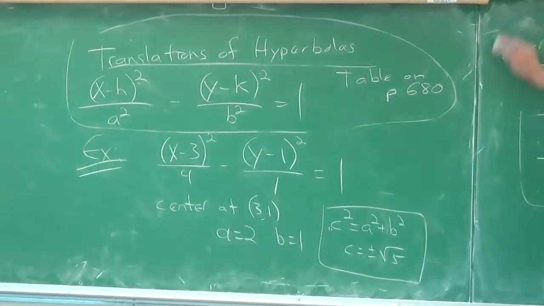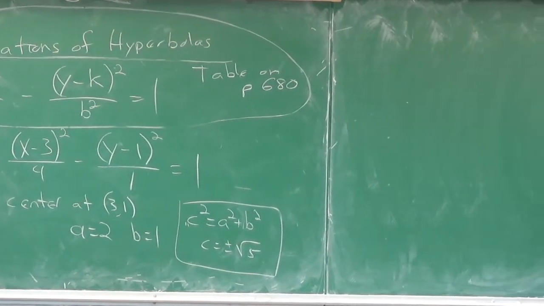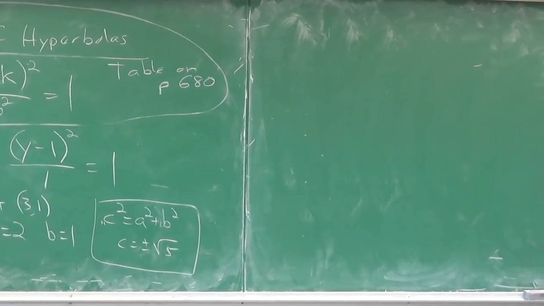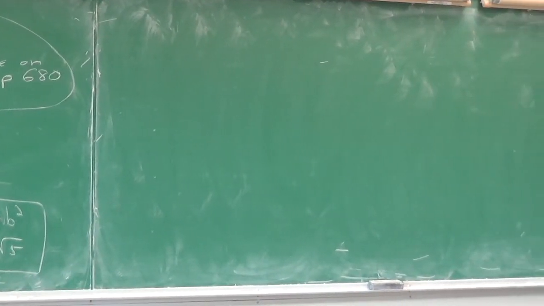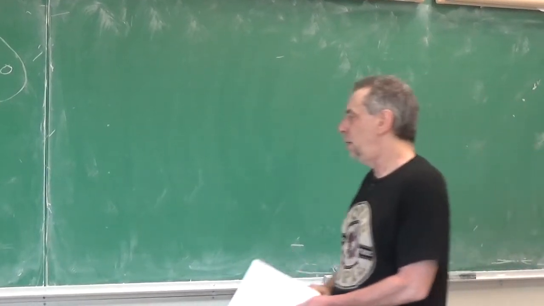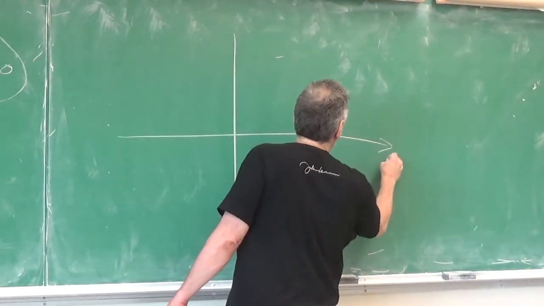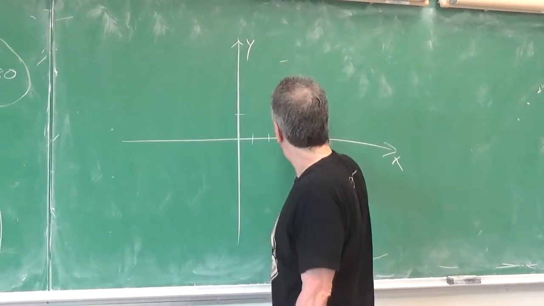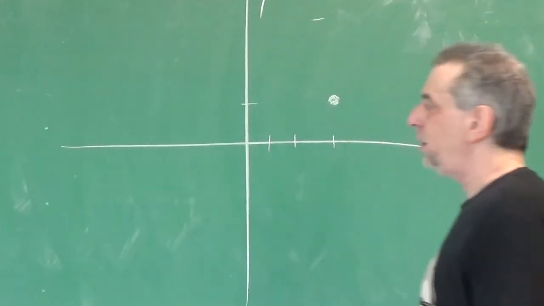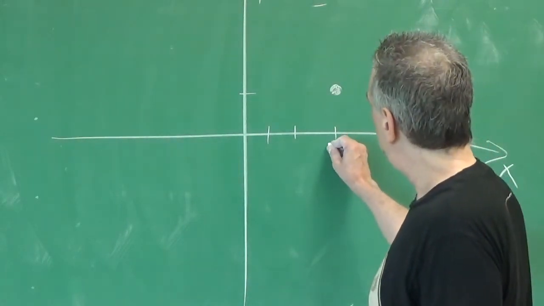All right, so all we did now is shift a few units from the origin. The center was at 0, 0 in the previous examples. Now our center is at 3, 1. There's our center of our hyperbola. Positive fraction was the x's, so it's going along the x-axis. So this is 3.